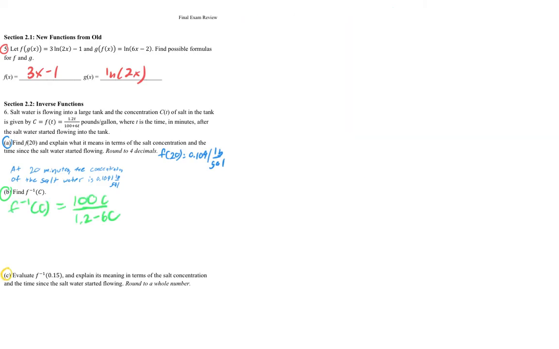So now for part C, we want to evaluate f inverse at 0.15. So what we're going to do is take our inverse of c equation, which is 100c over 1.2 minus 6c, and we're going to plug 0.15 anywhere we see a c.